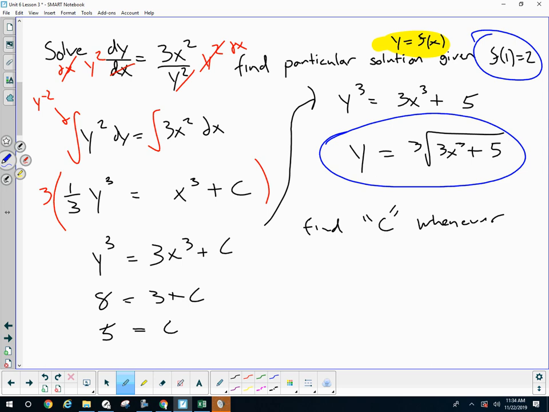Typically, for these questions, 5 of the 9 points come from what we just did here. Okay? So now we get into partial credit. You guys should be encouraged by this. If you separate your variables correctly, you get 1 point. So you're 1 out of 5 or 1 out of 9. If you take the antiderivatives correctly, typically you'll get 1 point for each antiderivative.